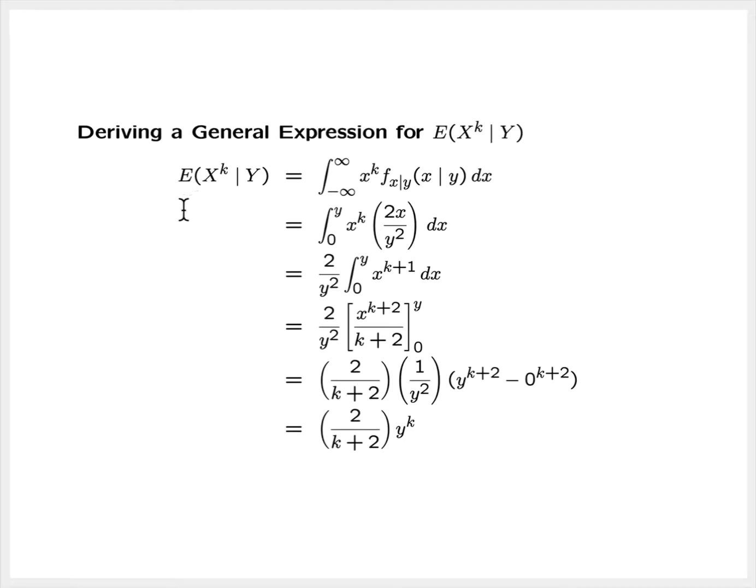All right, so we're finding an expression for the conditional expectation of the kth raw moment, x to the k, given a particular value of y. And the formula for that turns out to be 2 over k plus 2 times y to the kth power, where again k is the particular value, or the exponent, the moment that we want.